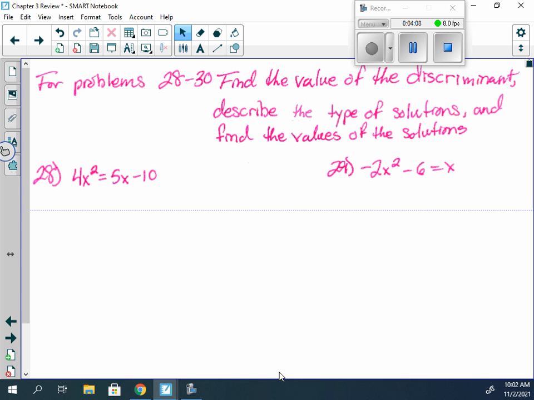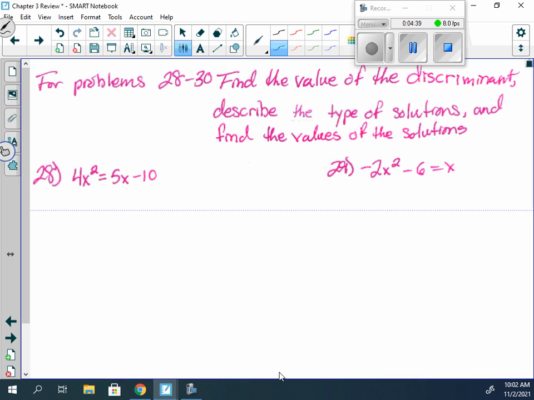Let's look at 28, 29, and 30. Is there one of those in particular that y'all want to look at? 29. Okay, well the discriminant is our b squared minus 4ac. And this is all a part of the quadratic formula: negative b plus or minus the square root of b squared minus 4ac, all over 2a.